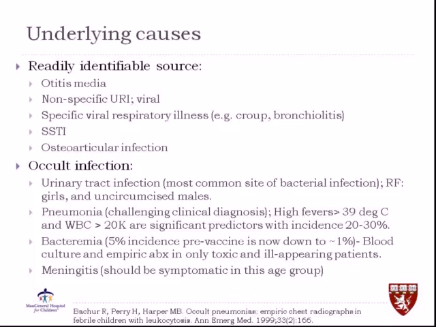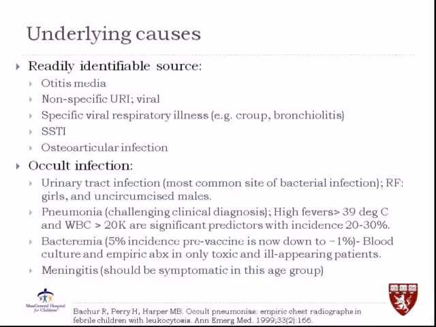Now, pneumonia is another challenging clinical diagnosis. With your small stethoscope, try to localize clinical findings in a crying 2-year-old. Very, very tough to do. There's actually a fairly old study that documented that even with good clinical examination, in a child who has high fevers, more than 39 degrees, and a white cell count more than 20,000, the incidence of bacterial pneumonia, a focal consolidated process, is around 20 to 30%, even when your stethoscope is telling you otherwise.